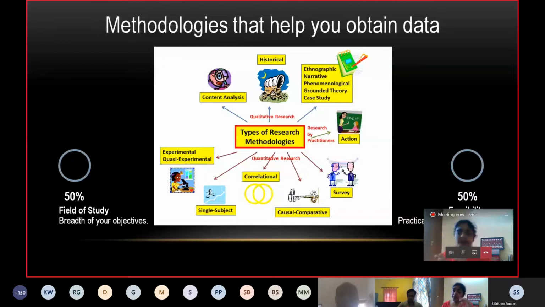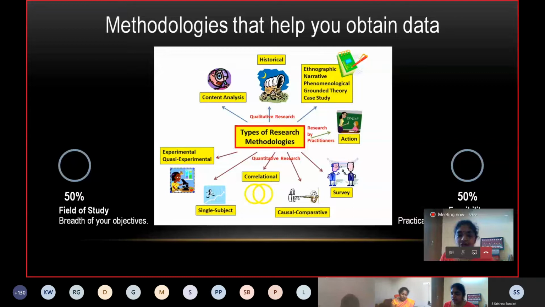Many a times it might happen that your field of study requires a methodology that you are not able to follow. Let us say I'm a biotechnologist and I would like to develop a genetically engineered plant, but maybe my resources are limited and I may not have the financial backup to see me through all the regulatory controls and the funding for the research for 6 long years.